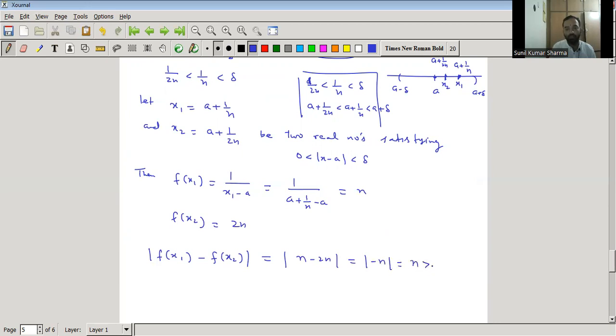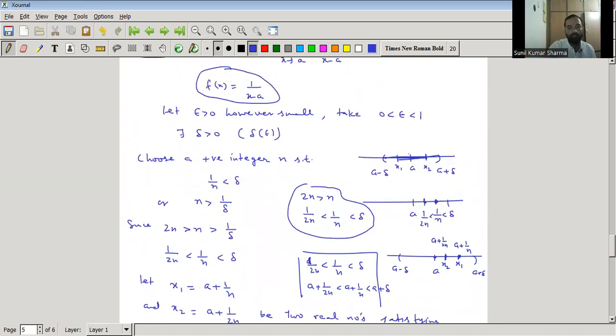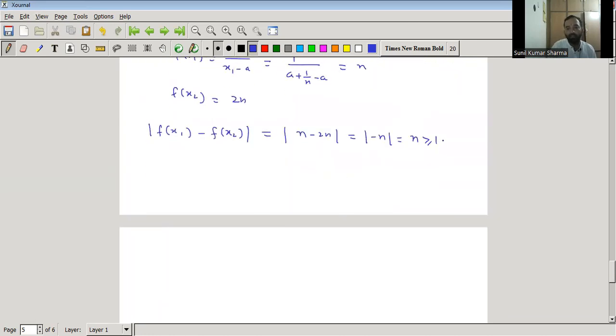And n is greater than or equal to 1, and my epsilon is less than 1. I take epsilon less than 1, but here it is 1, which is greater than epsilon. So this implies that mod f(x1) minus f(x2) is greater than epsilon for 0 less than mod x1 minus a less than delta, and 0 less than mod x2 minus a less than delta.